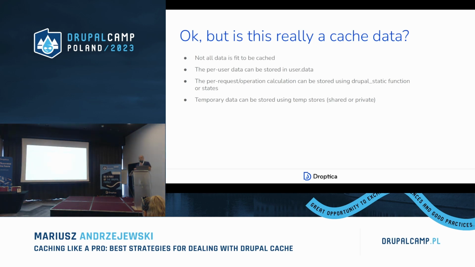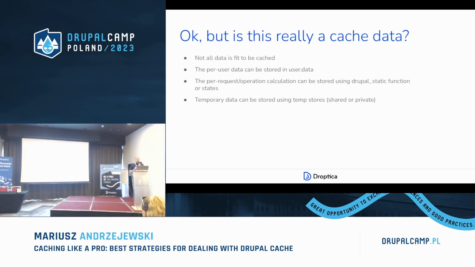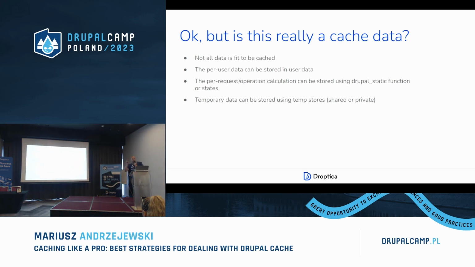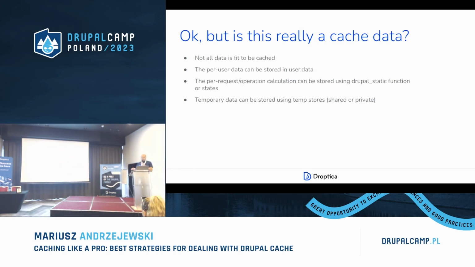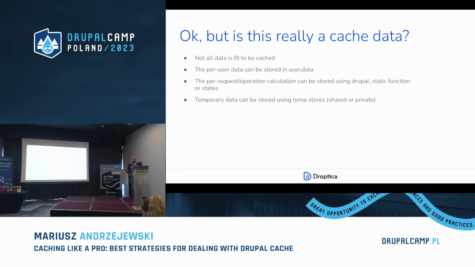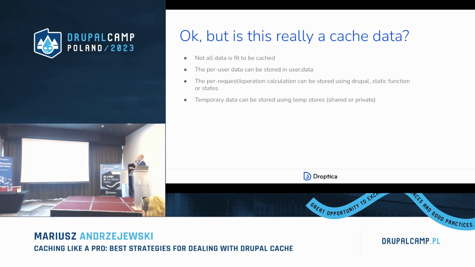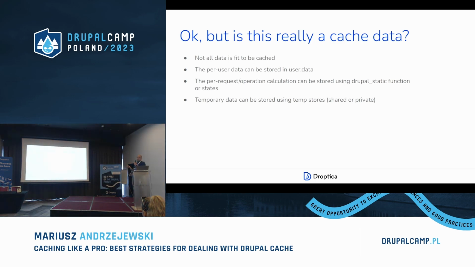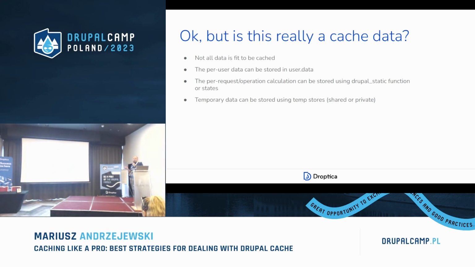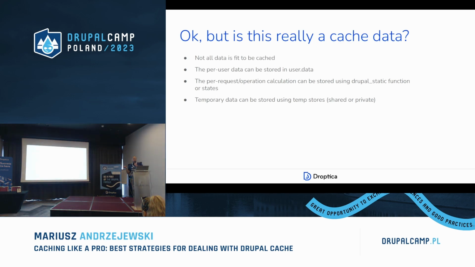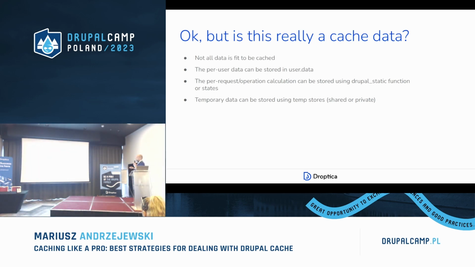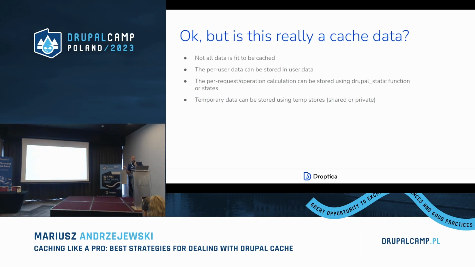We have things that may be only cached during the request, so there is no need to store them anywhere. This still lives in Drupal 9: there is a Drupal static function, and we also have a state API.